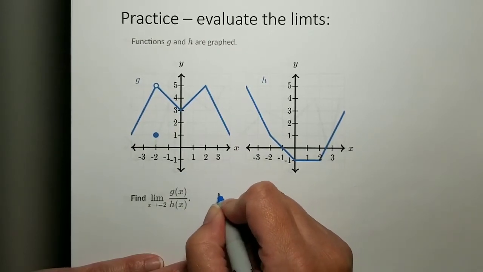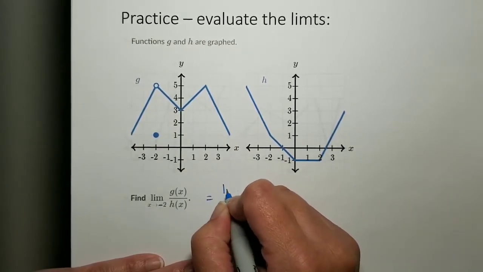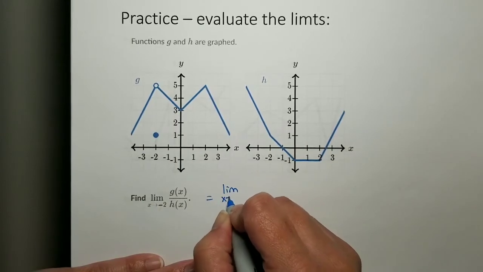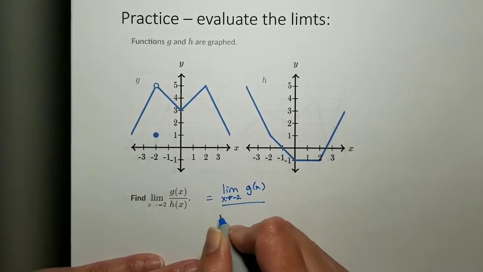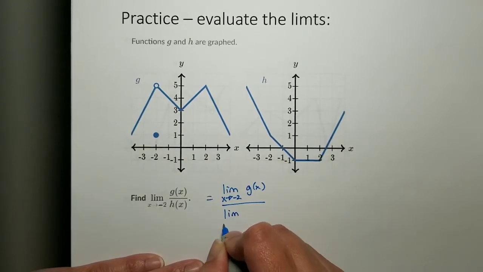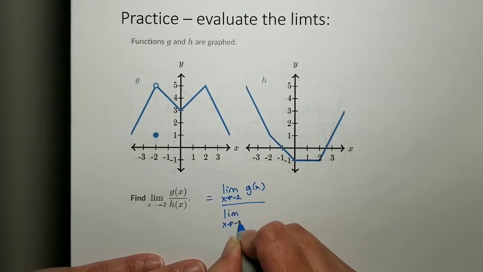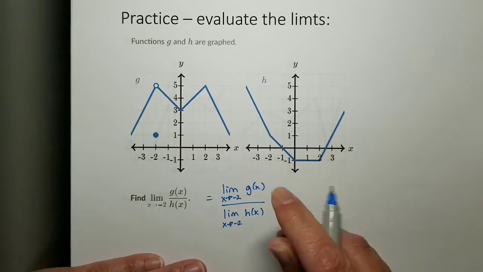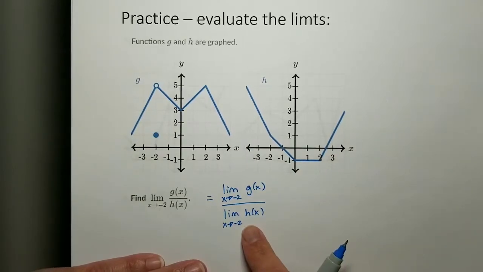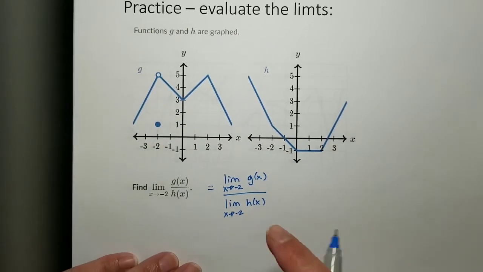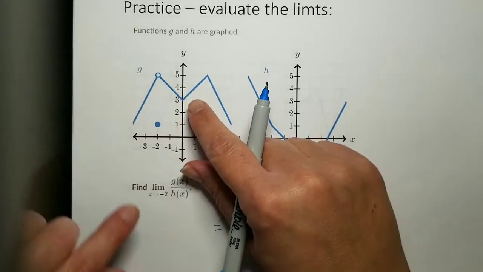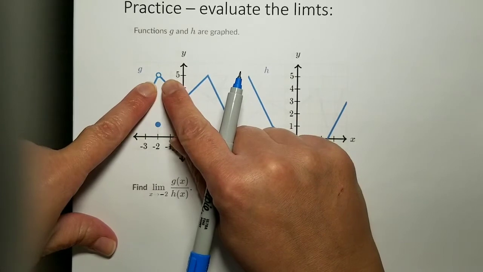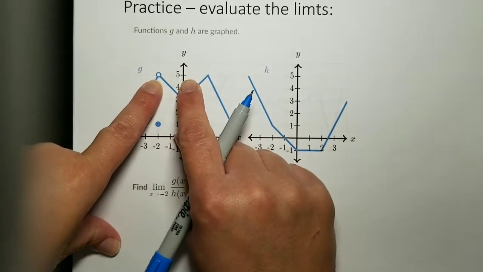This would be the limit as x approaches -2 of g at x, just remembering that you can use your limit laws, over the limit as x approaches -2 of h at x. We do have to make sure that that denominator is non-zero for this to work out, but we should be okay.